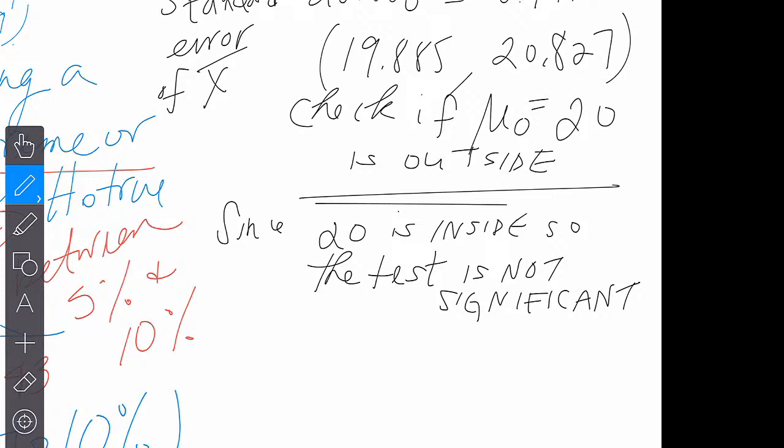All right, got that? So this is how you test. You use the confidence interval only for a two-sided hypothesis.